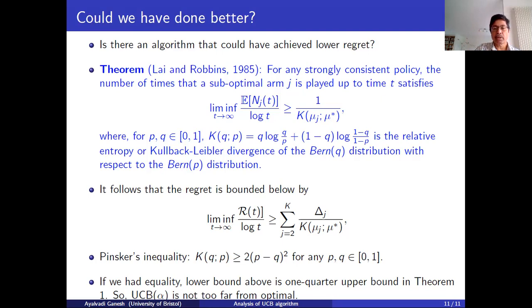Next week, we are going to start looking at a Bayesian algorithm for the multi-arm bandit problem. It's called Thompson sampling. And historically, it was the first algorithm proposed for the problem. And it also turns out in many practical experiments that it performs best.